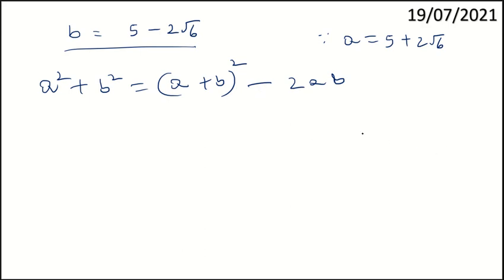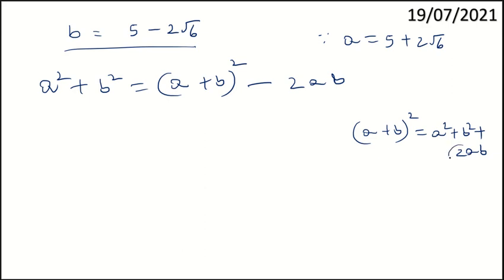Why? Because if a plus b whole square, when you expand it, it is a square plus b square plus 2ab. If I subtract 2ab from that, then only it gives a square plus b square. It is simple.